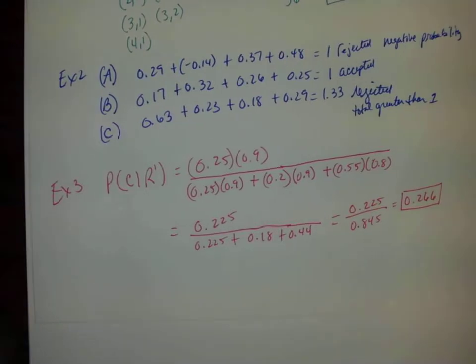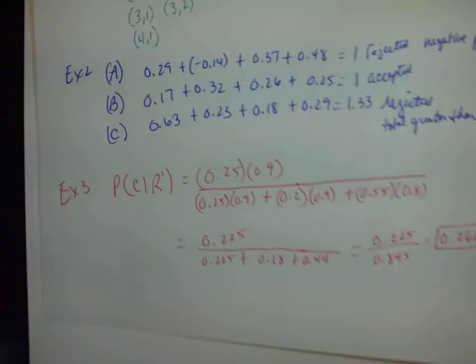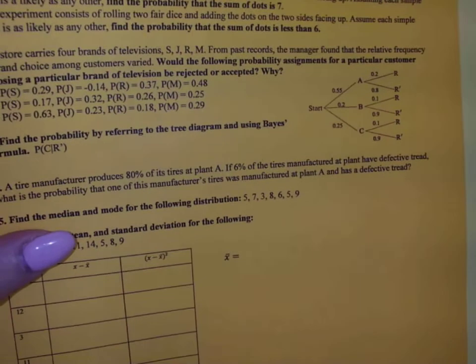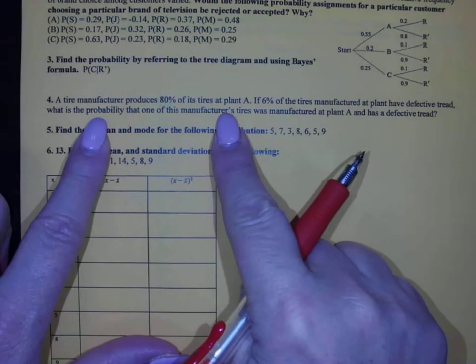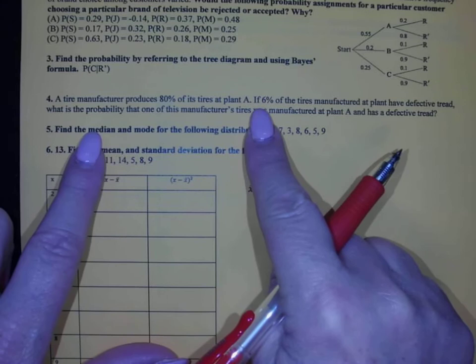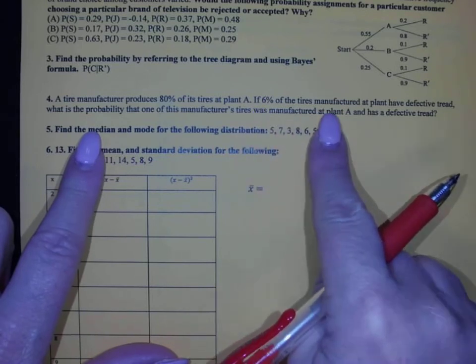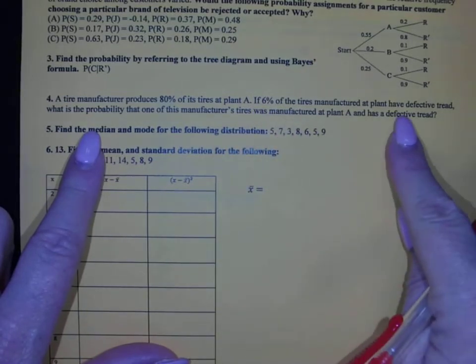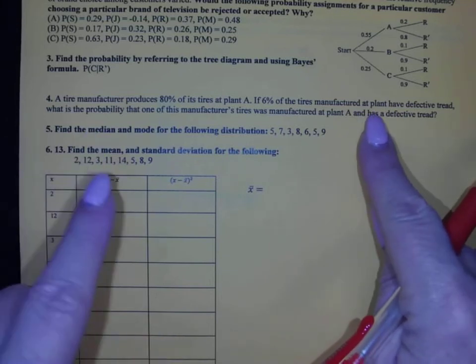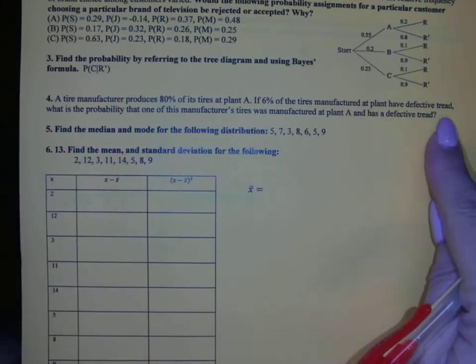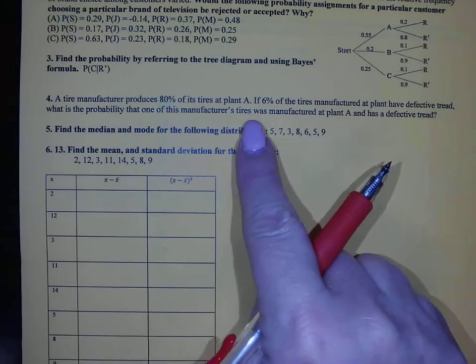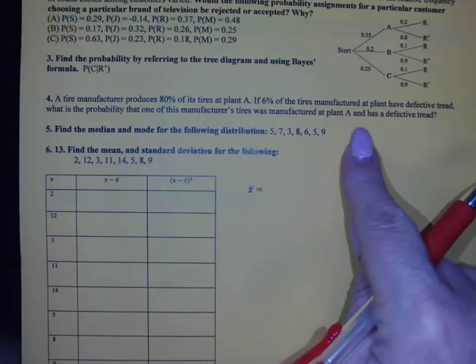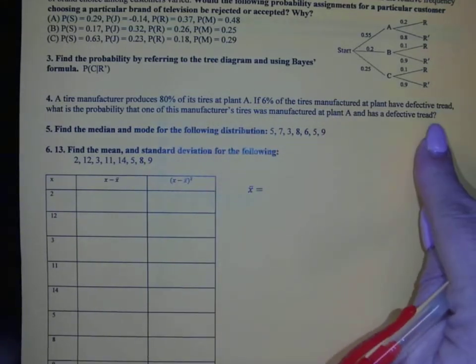All right, let's go look at example 4. So for example 4, a tire manufacturer produces 80% of its tires at plant A. If 6% of the tires manufactured at plant A have defective tread, what is the probability that one of this manufacturer's tires was manufactured at plant A and has the defective tread?